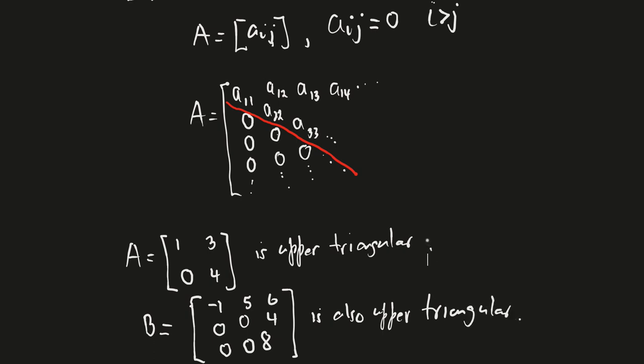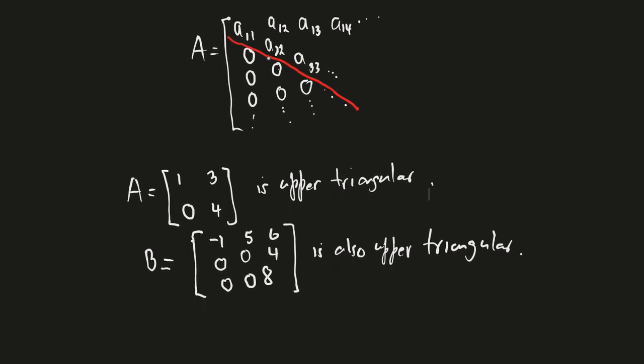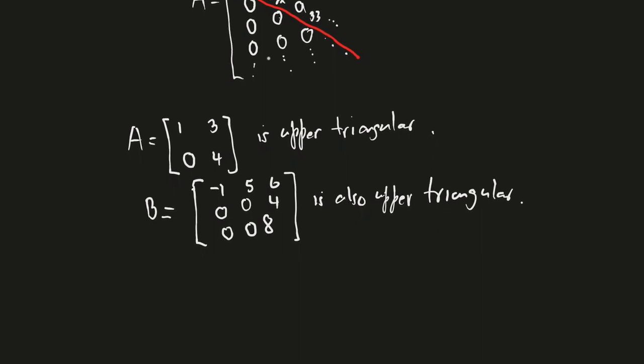All right. Now, there is another type of triangular matrix, and that's the lower triangular matrix. And all I have to do is switch this inequality around and keep everything the same, right? So let's write that down and then again do some examples.